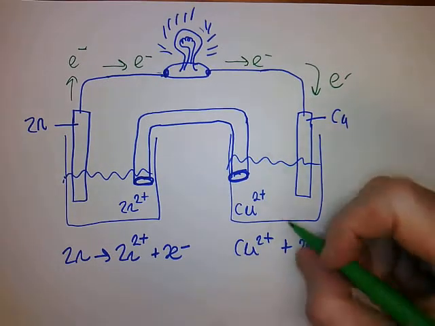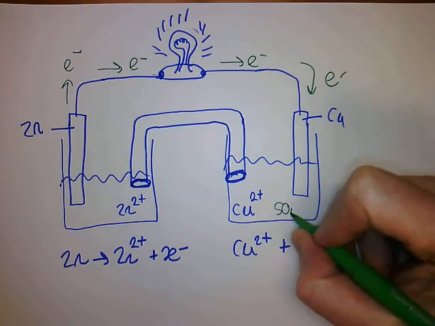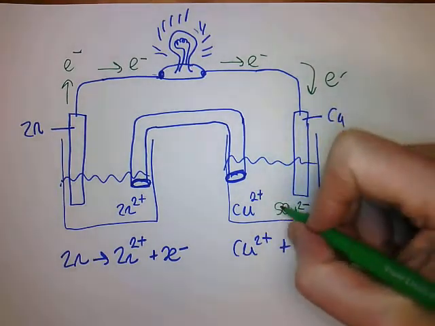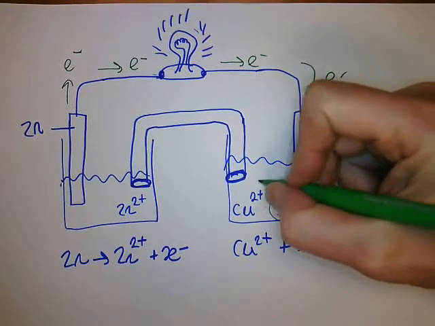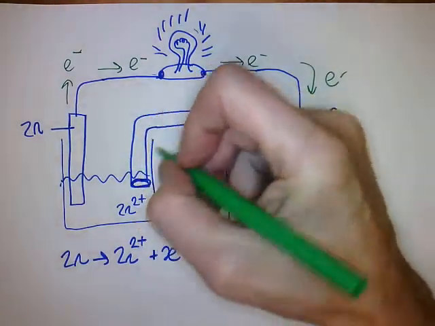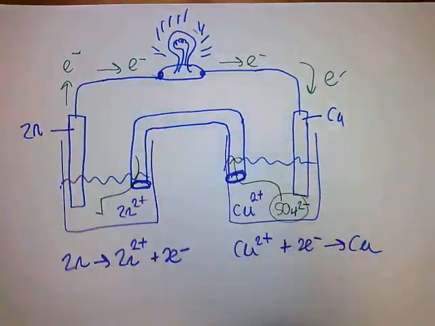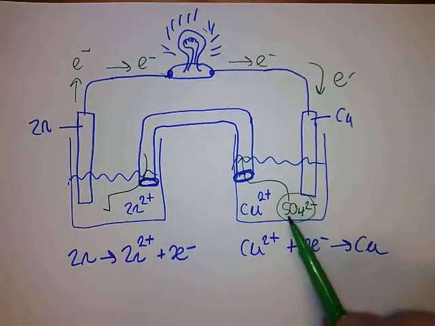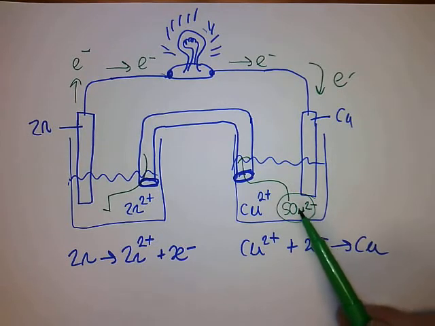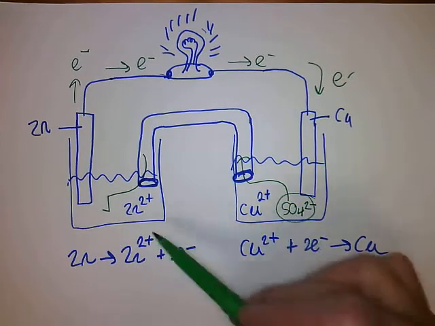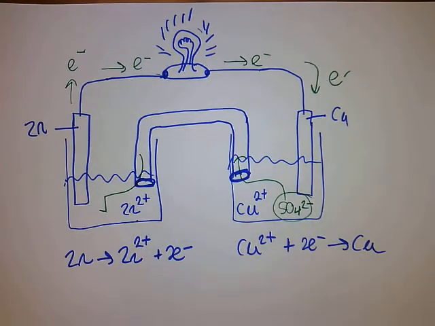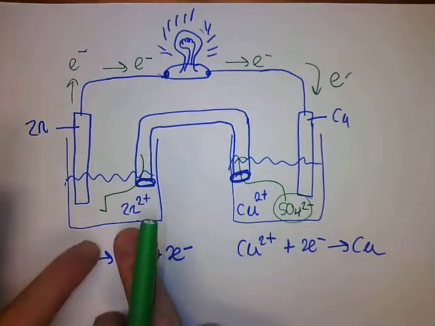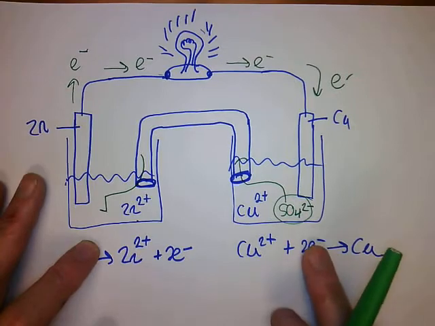So this is balanced by the migration of sulfate ions through the salt bridge and into the other compartment. So the sulfate ions migrate from this beaker to this beaker to keep the charge balanced. Okay, and that way the charges stay neutral here and they stay neutral here, right?